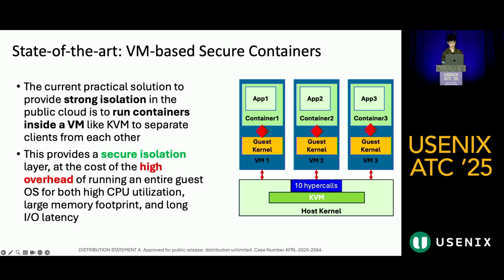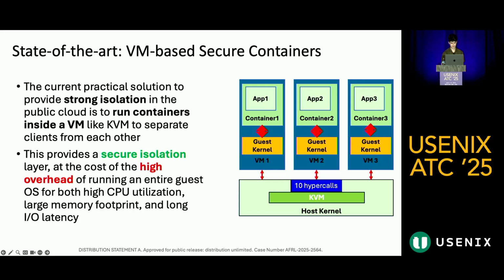This setup significantly reduces the risk of a container escape affecting the host system, because the kernel interface exposed to the container is no longer the host kernel. It's the guest kernel, and interactions with the host are limited to a much smaller set of hypercalls, as shown in the bottom of the diagram.